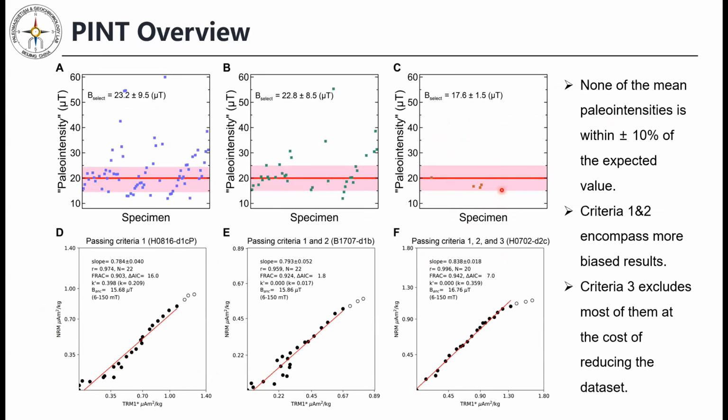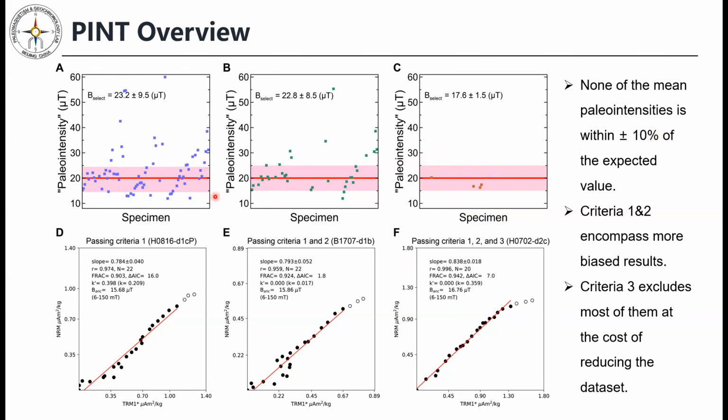So let's come to the paleointensity results. We can see results from criteria 1, 2, 3 all yield mean paleointensities consistent with the expected answer of 20 microtesla within 2 standard deviations. But none of them are within 10% of the expected value.